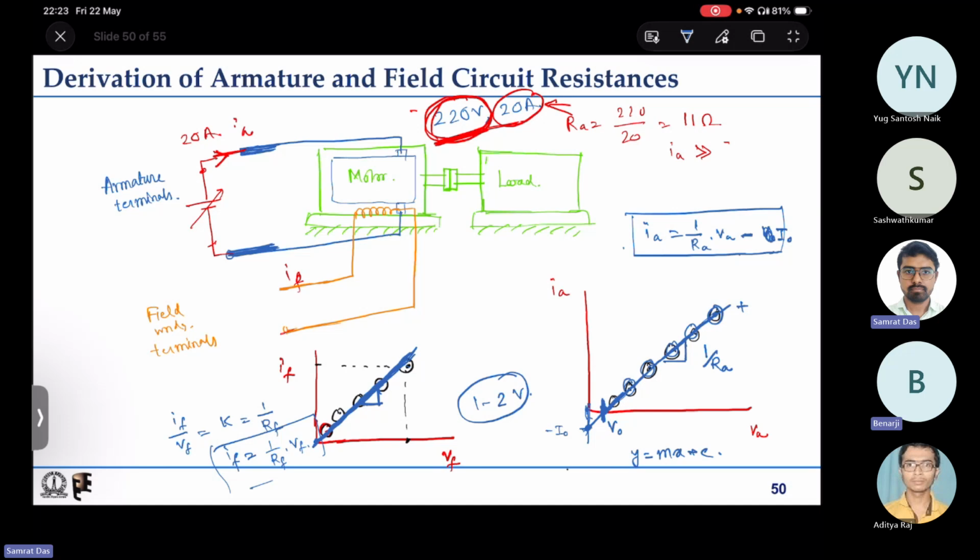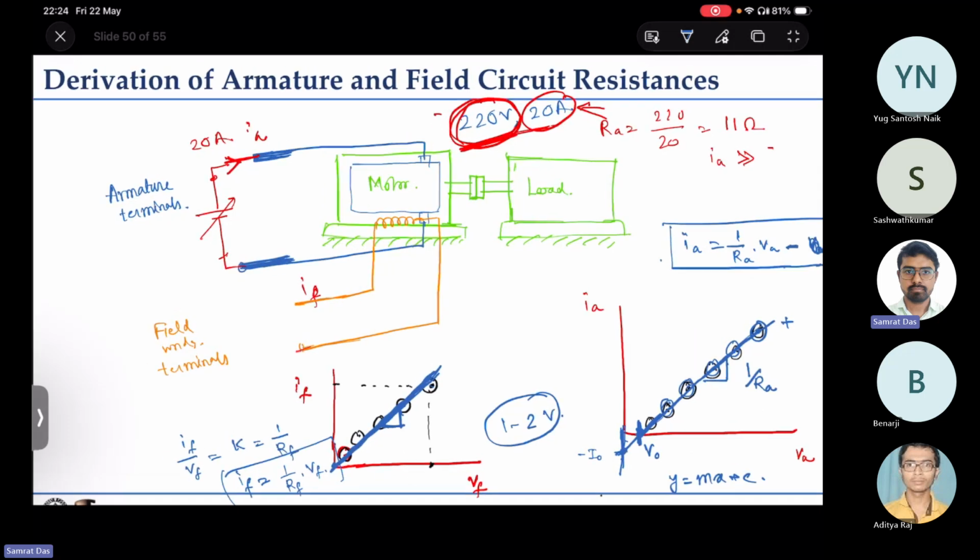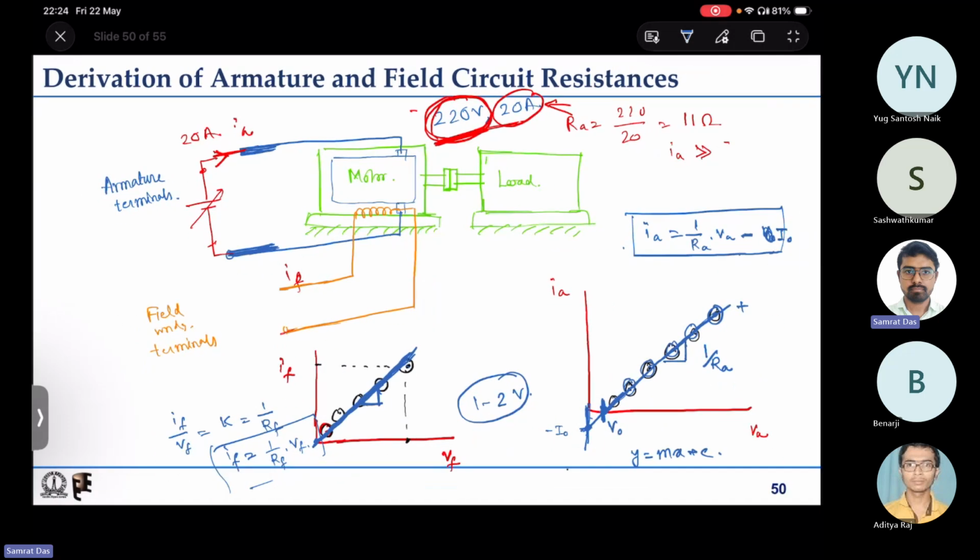Okay, sir. Thank you. So this is the equation y equal to mx plus c, where c is the y-axis intercept, which is minus I0, as we get by extrapolating this curve. So Ia equal to 1 by Ra, that is the slope, into Va minus I0. If we rewrite this, then Va is equal to Ra Ia plus Ra I0.